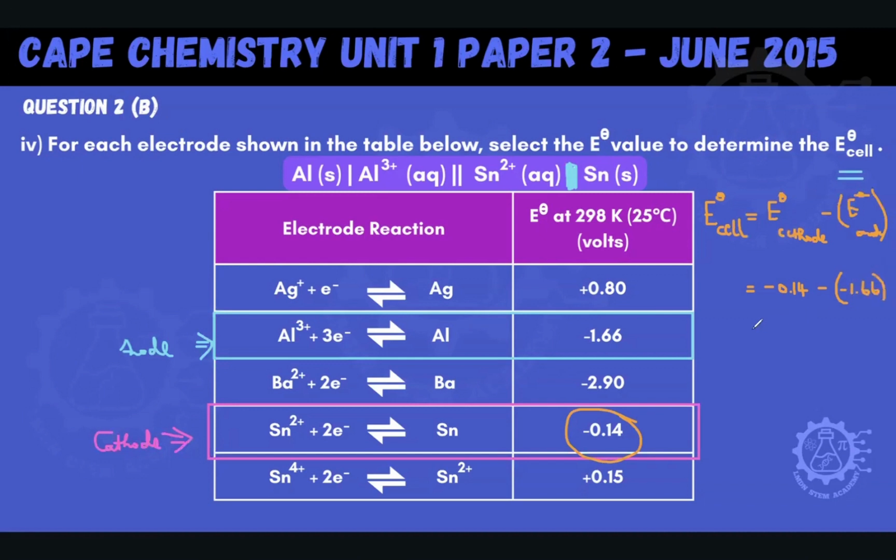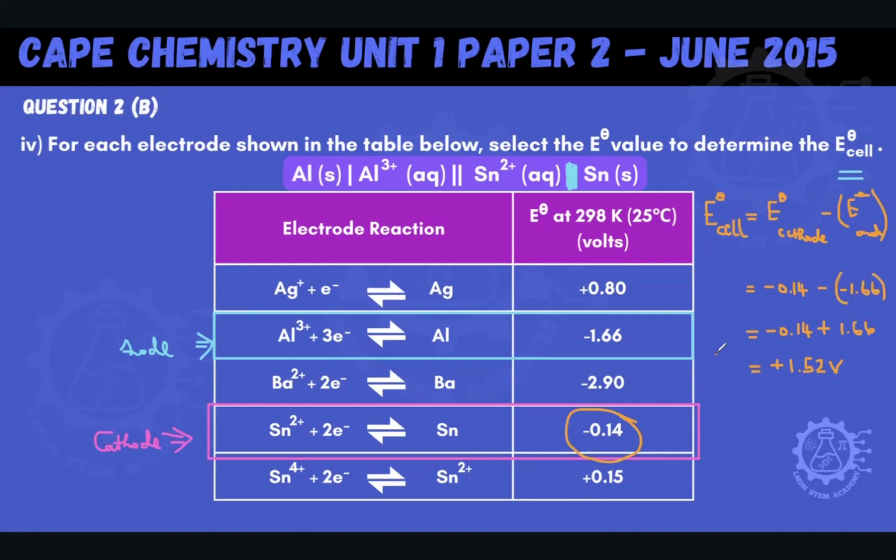When I do that, effectively what I end up doing is adding my standard electrode potential at the cathode to this guy. And so with that, we come out with a value of positive 1.52 volts.